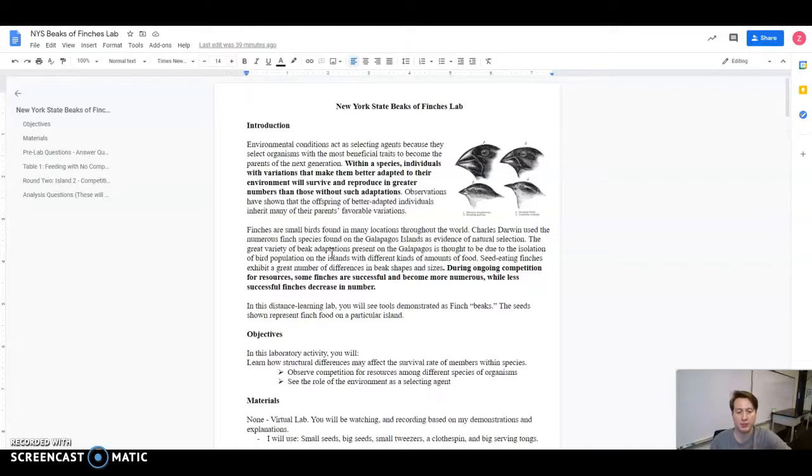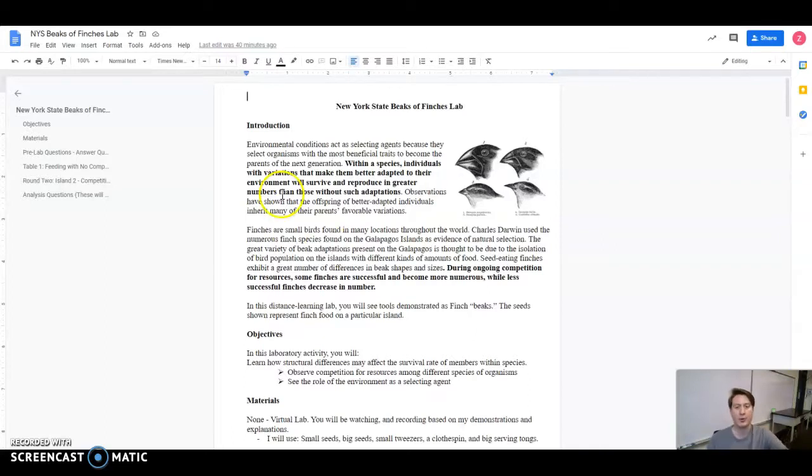This lab will demonstrate how animals, in this case finches, are able to use their beaks as a means of survival, and how they will be naturally selected and how evolution will take place.